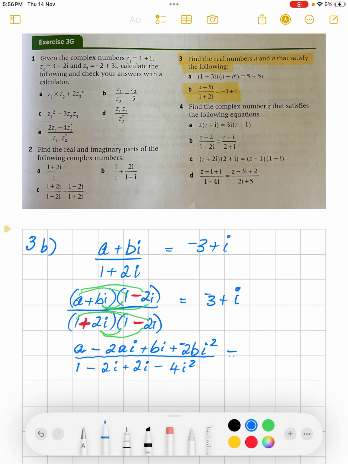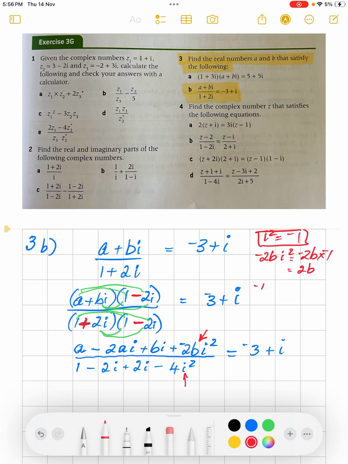Now the right-hand side is still negative 3 plus i. Now we've got two terms with i squared, and i squared is negative 1 in complex numbers. So negative 2bi squared would be negative 2b times negative 1, and that becomes positive 2b.